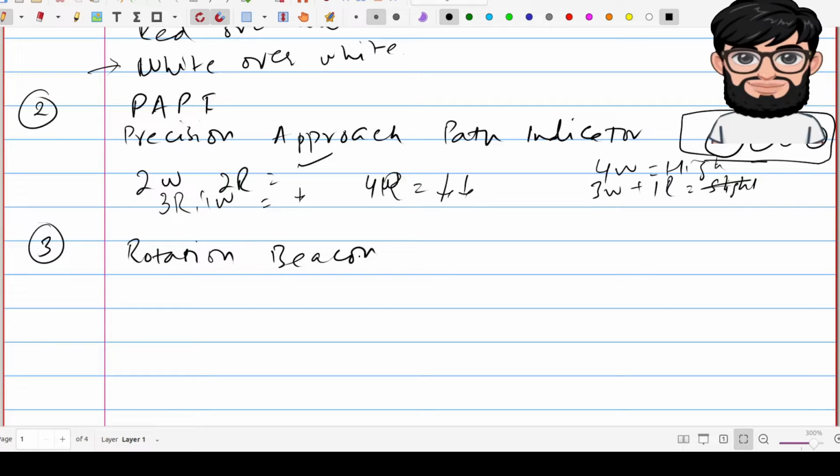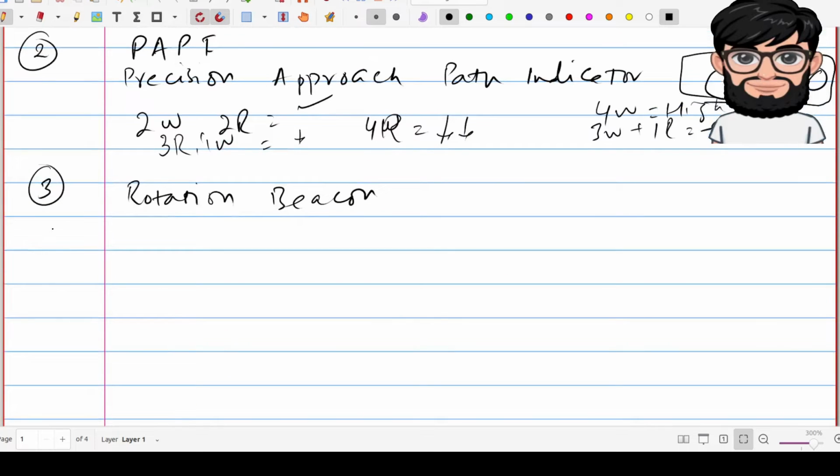During the hours of daylight, it often indicates that the ground visibility is not VFR, less than 3 nautical miles, and or the ceiling is less than 1,000 feet. So if the rotating beacon is on during the daylight, that means the weather conditions are not that favorable.